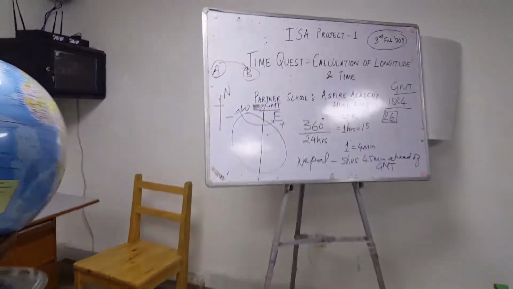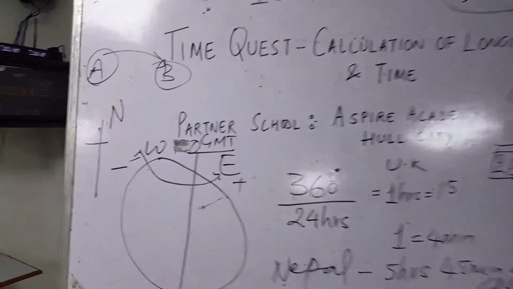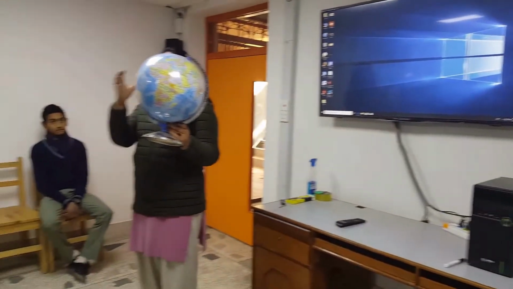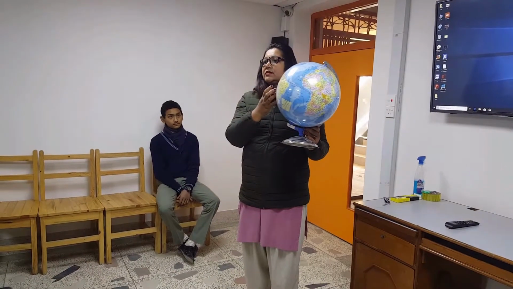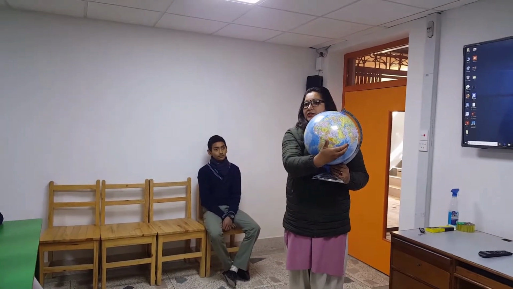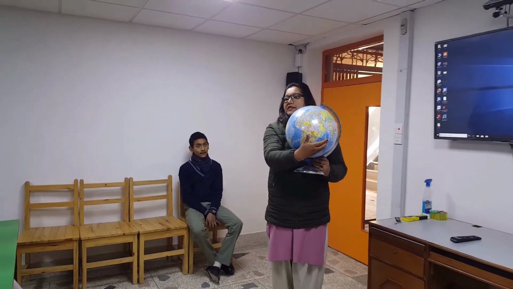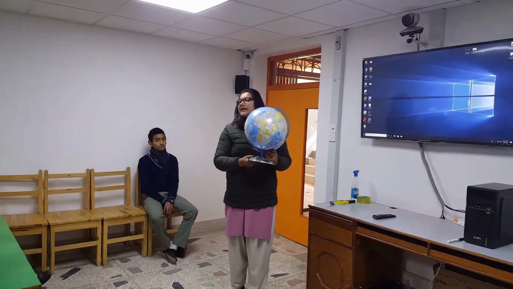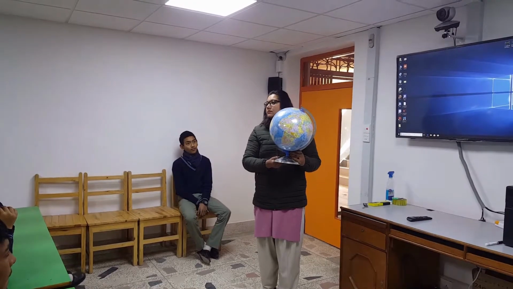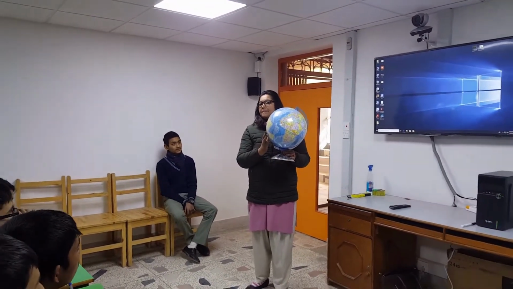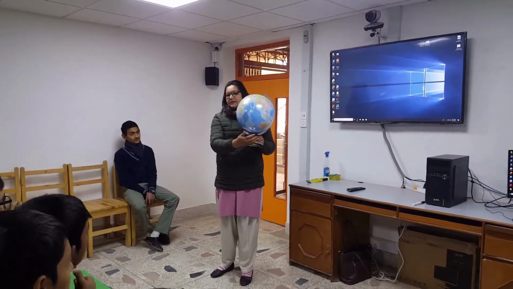Okay. Now let's look at a globe. So this is a small model of the earth. Is it or not? So the sun, which directly faces this longitude, has what? Daytime, noon. Okay. And just opposite, at the 180 degree longitude, it has midnight. Why is it so? Because the earth spins from west to east.